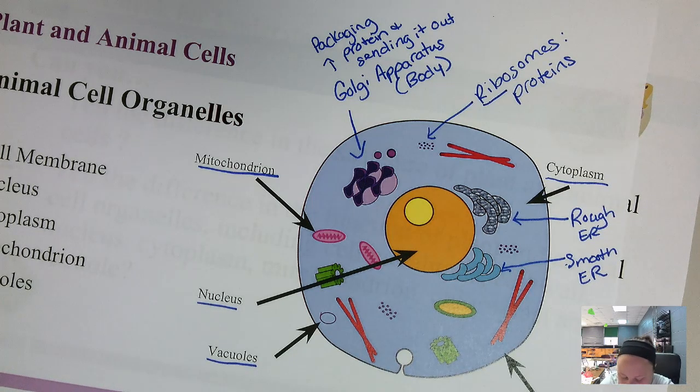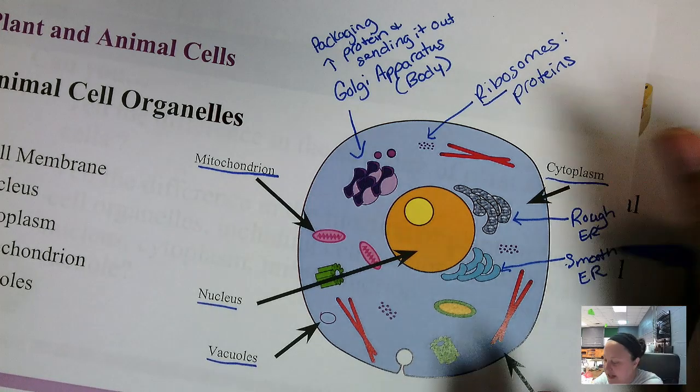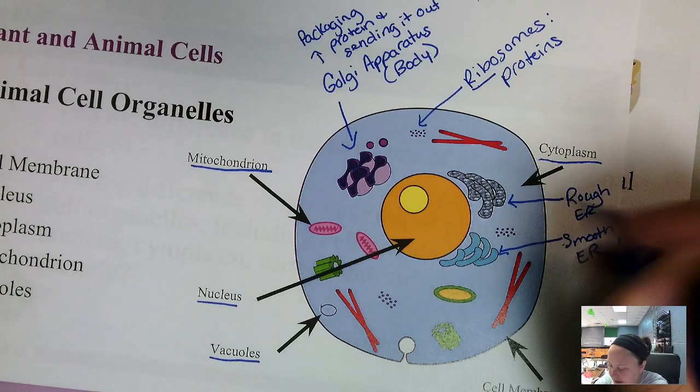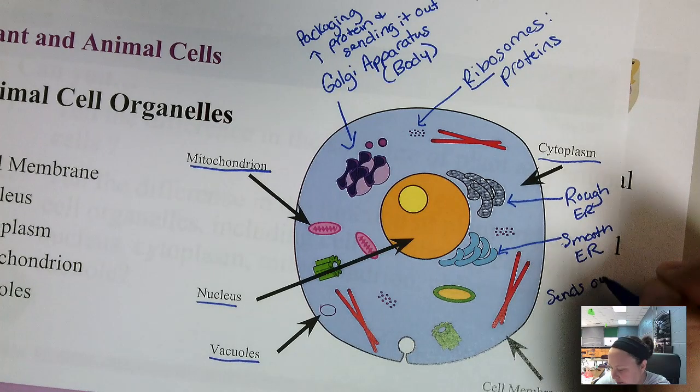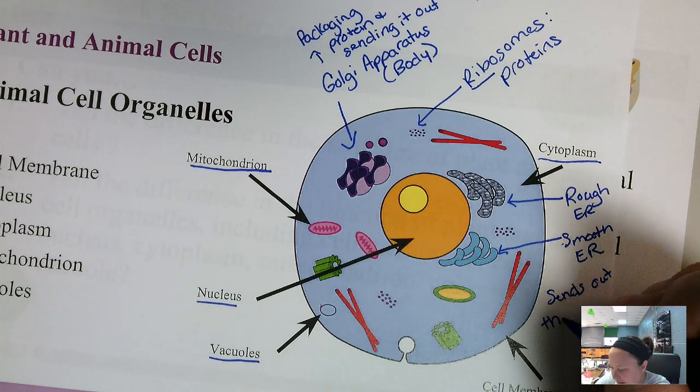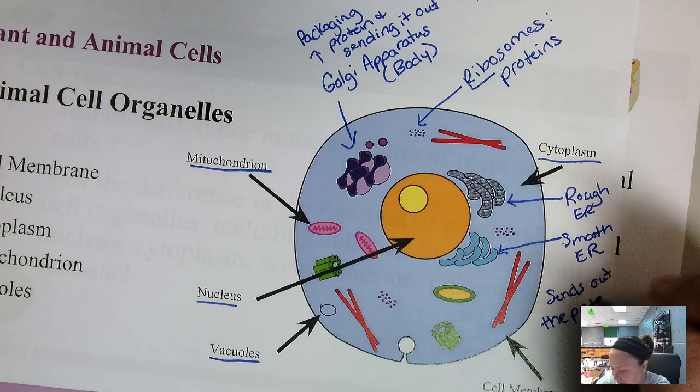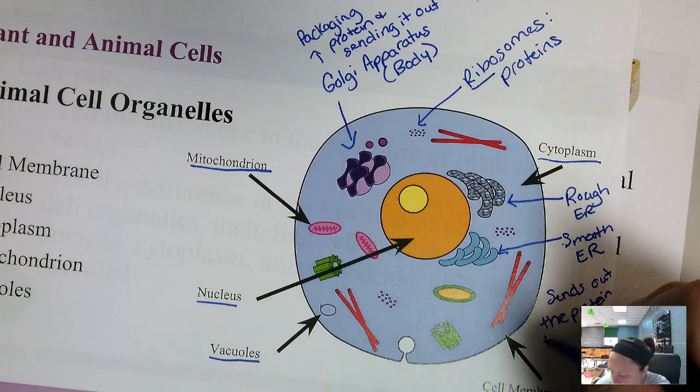So it actually sends out and modifies the proteins that need to be delivered to the different organelles in the cell. So it's kind of like the delivery truck or the ambulance, if you're thinking ER. So both the smooth and rough ER send out the protein to the cell organelles.